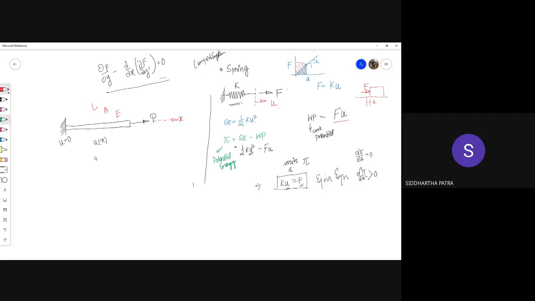Now there is one new thing that you are not familiar with, which is a distributed load on an axial bar.